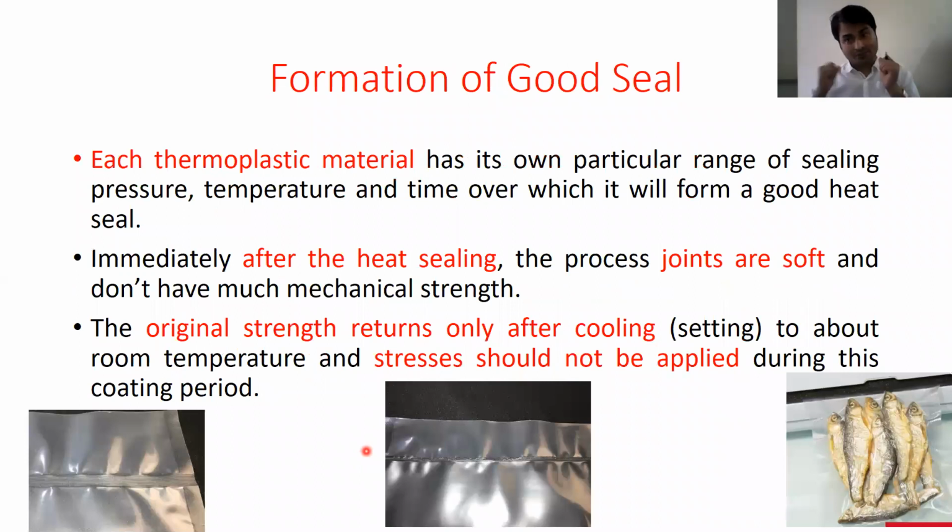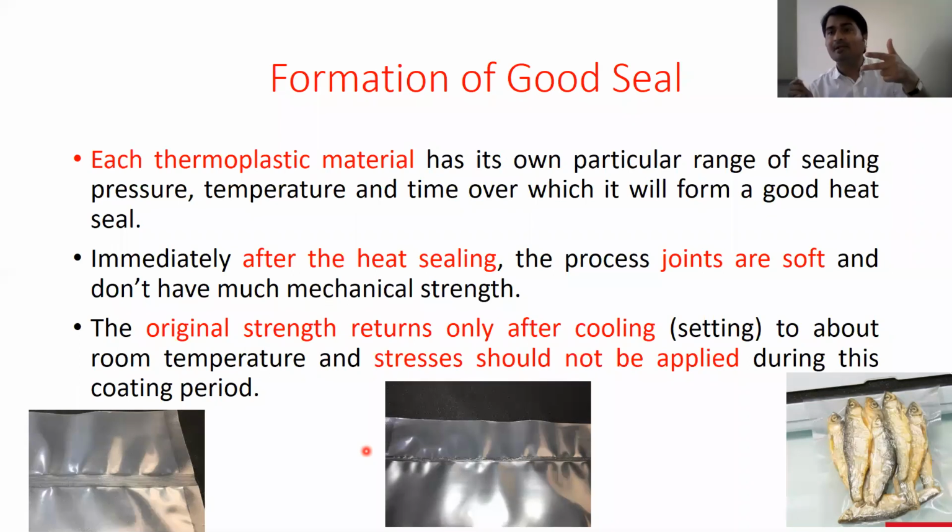Then, how to form a good seal? We have 3 different parameters: pressure, temperature, and dwell time. But how do we form a good seal? For that, we require the packaging film.